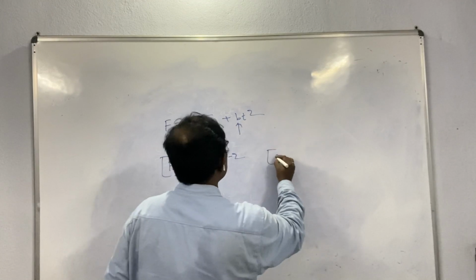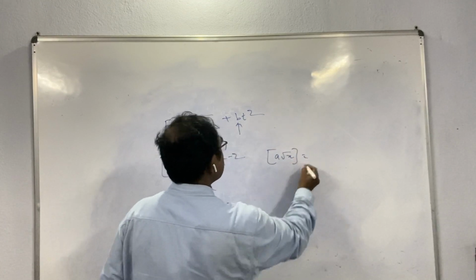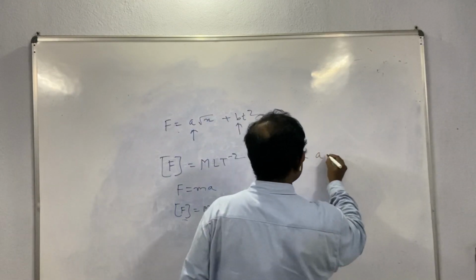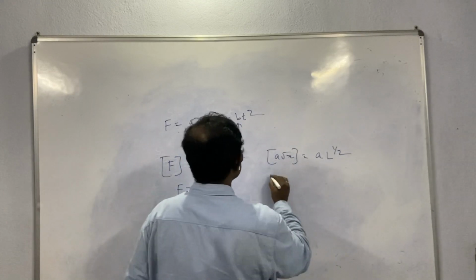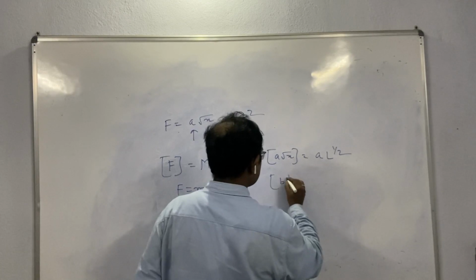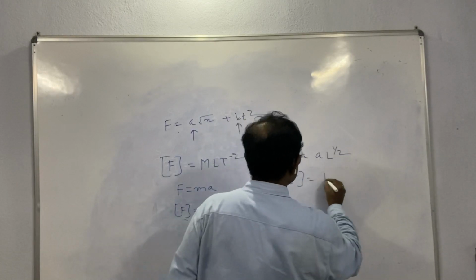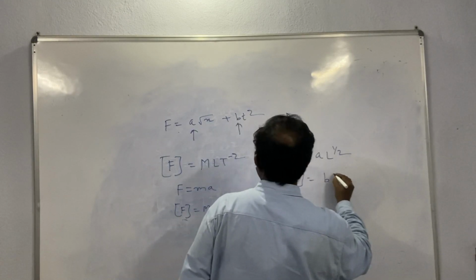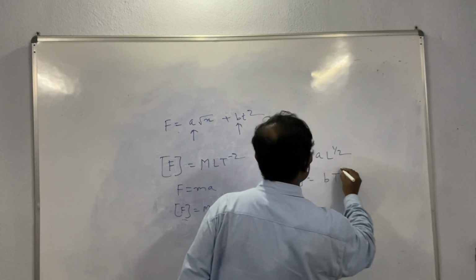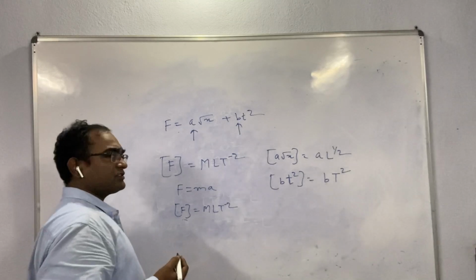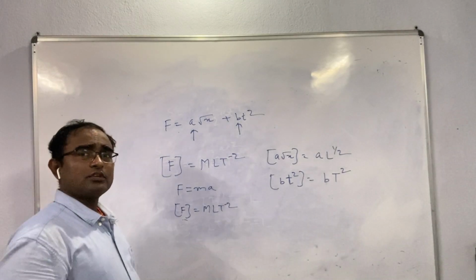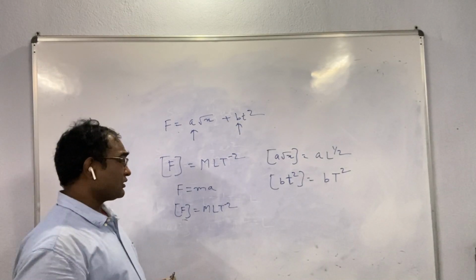Now, a root x: what will be the dimension of this quantity? It is a L to the power half. Now, what will be the dimension of bt square? The dimension of t is capital T. And by the consistency of dimensional formula, we know the dimension of each term should be equal.